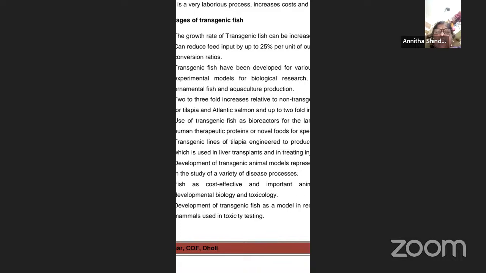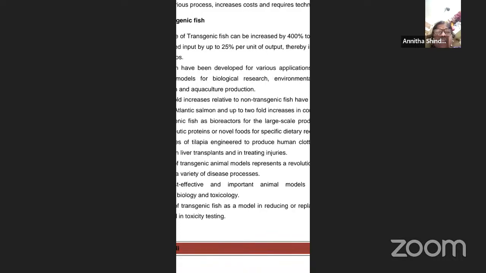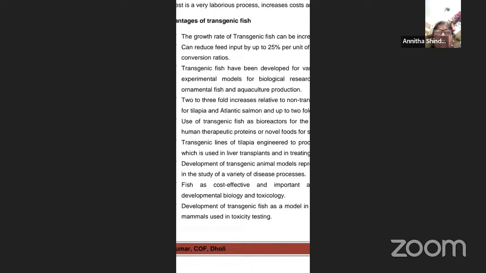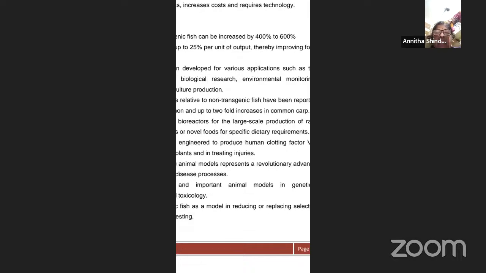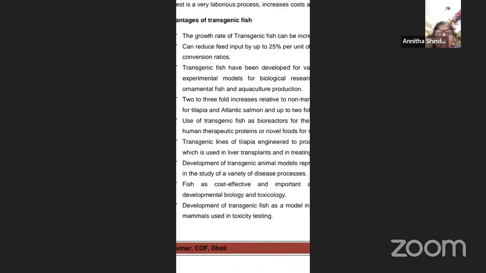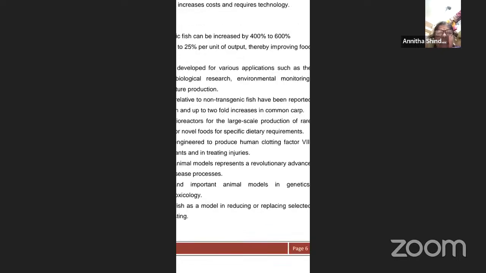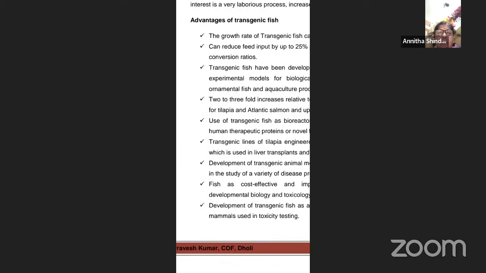Then they are also used as models. It represents a revolutionary advance. Fish are cost-effective and important animal models. They are used in genetics, developmental biology, as well as toxicology. And there is development of transgenic fish as a model in reducing or replacing the selected mammals used in toxicity testing.